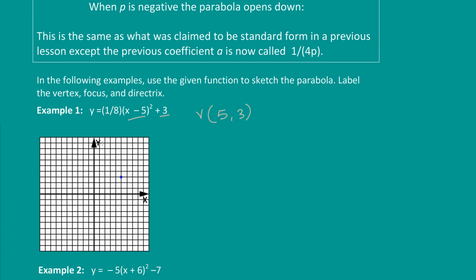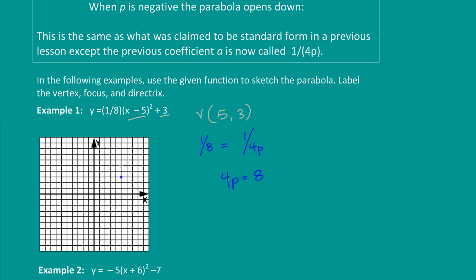So what else do we need to know? We're going to need to know our focus and our directrix. Well, if we've got 1/8, which is our a value, equal to 1 over 4p, we just cross multiply and get 4p equals 8. So p equals 2.